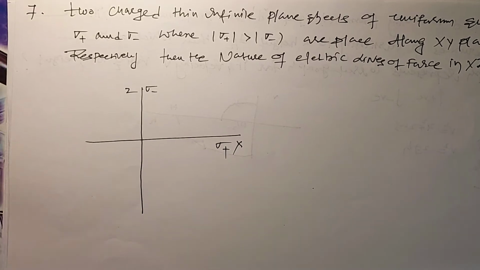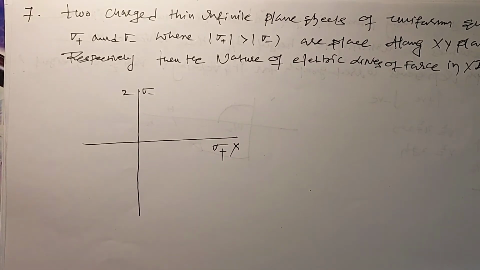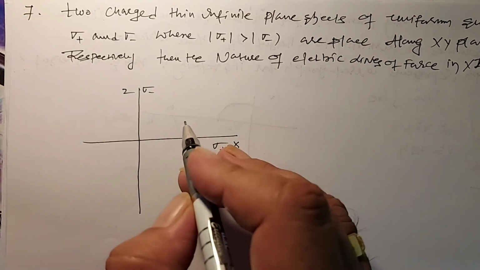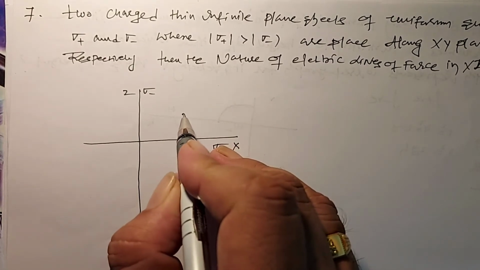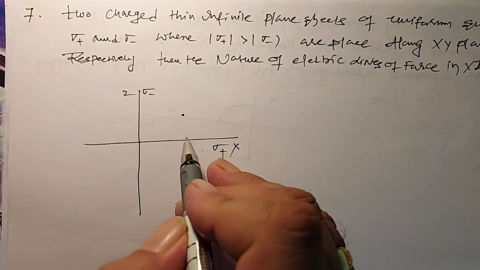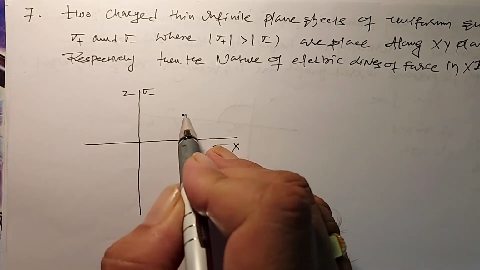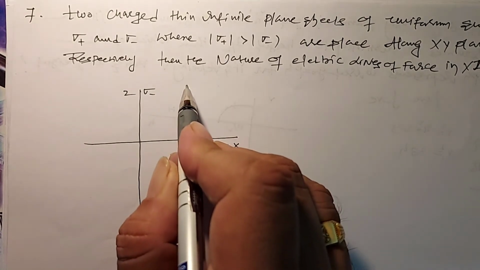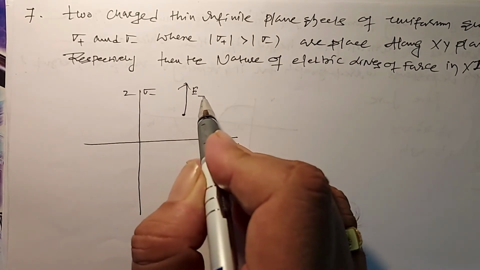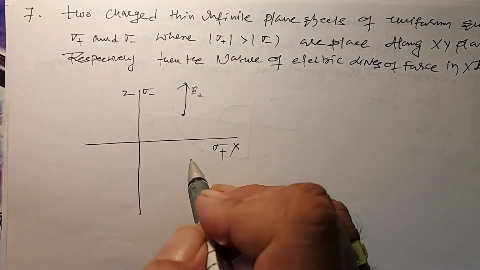Let us take one point in this coordinate system. Due to the positively charged plate, the electric field is away from the plate.